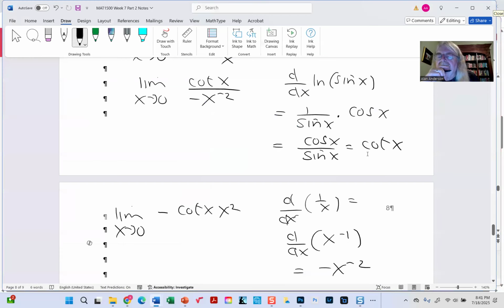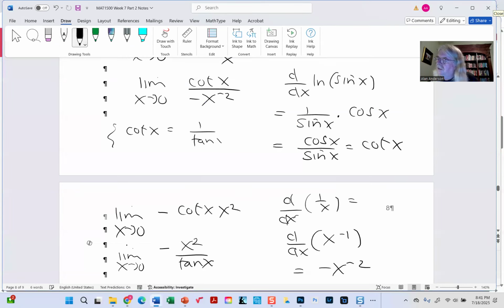So yeah, the cotangent could be thought of, since the cotangent and the tangent are inverses, we could rewrite this as, so just as a note here, cotangent x is this.